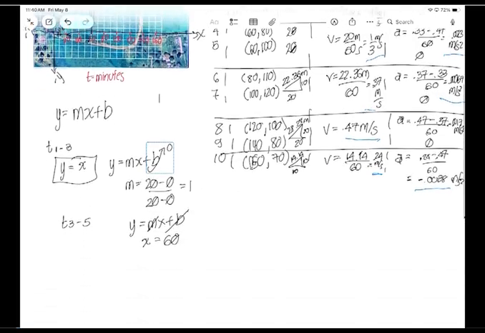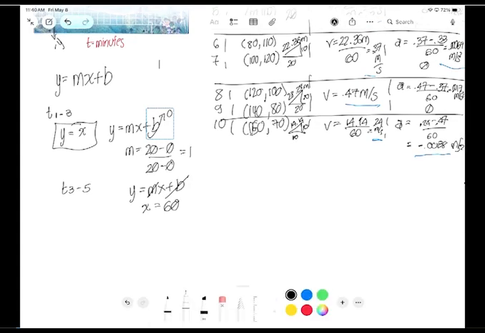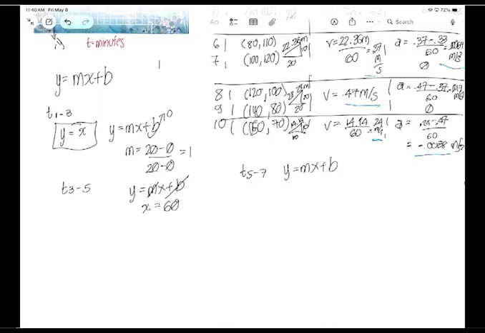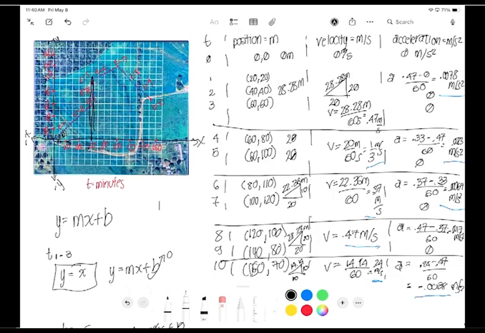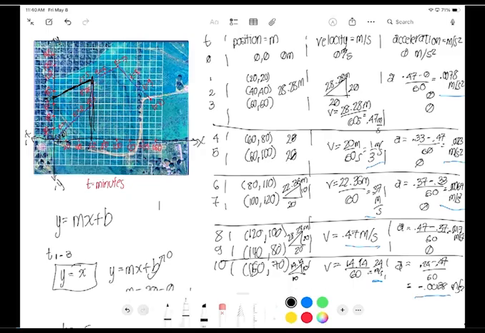Now between T5 and T7, we have the following. So when we look at our image, it's going right here like this, and we have that that's 70 right there. So we have b.